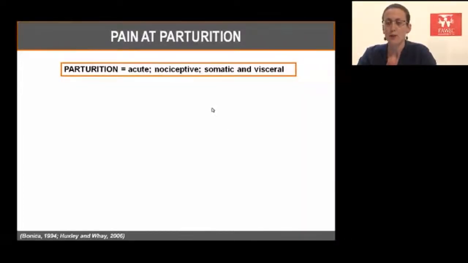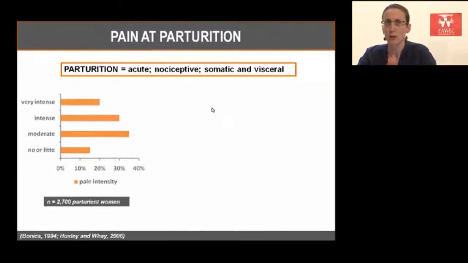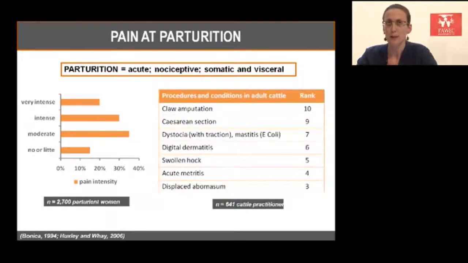And from a questionnaire in parturient labor, 15% of women reported that no pain or little pain was experienced during labor. Contrary to that, 75% of women reported from a moderate to a very intense pain during labor. In animals, in a questionnaire performed with cattle practitioners, they were asked to rank different procedures and conditions in adult cattle.